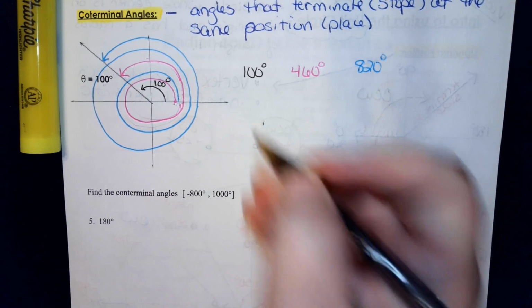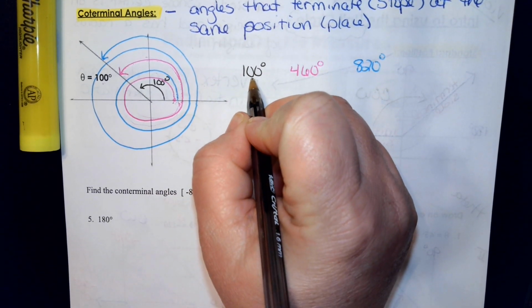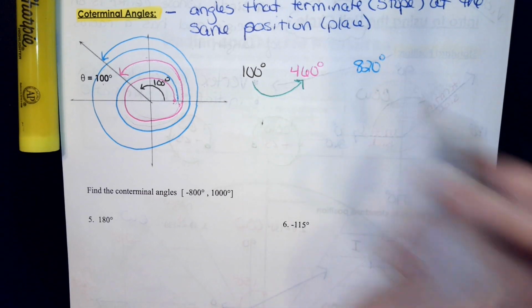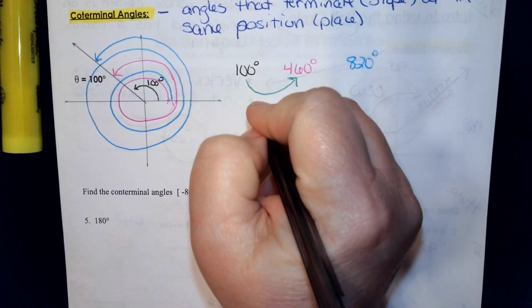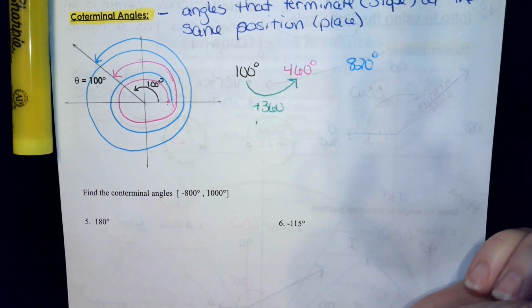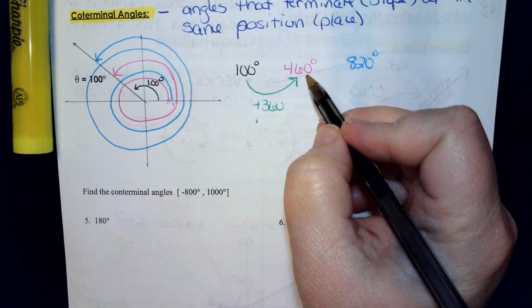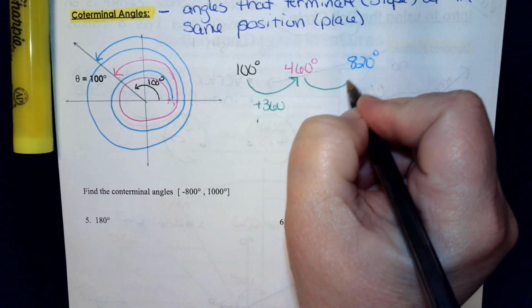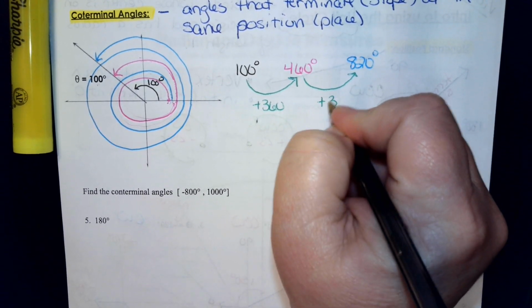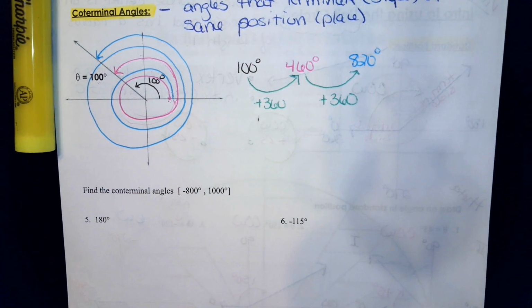Now, ask yourself, what do you do to go from 100 to 460? Well, we added 360. What do you do to go from 460 to 820? Well, once again, we add 360.